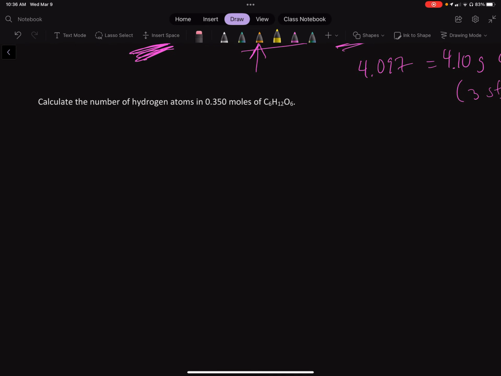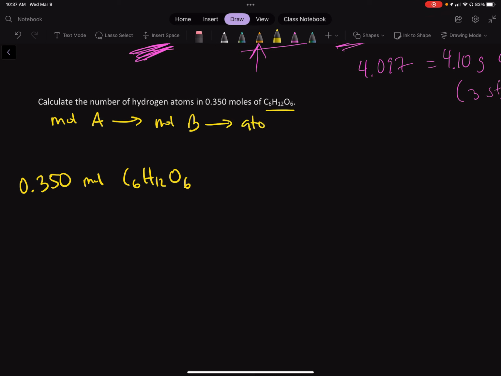So starting off, we've got the formula, so we didn't have to figure out the formula. That's nice. But we have 0.350 moles of C6H12O6. Our general strategy is we're going to go from moles of the substance A to moles of B to, in this case, atoms of B. So we're going to have just 2 conversions.